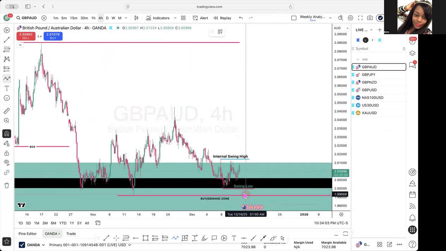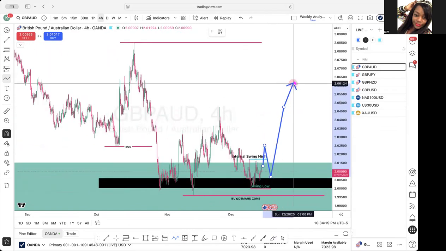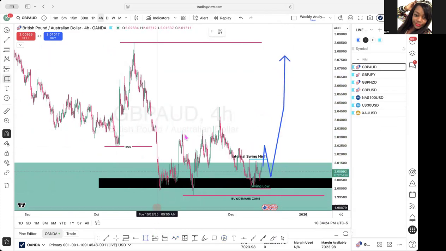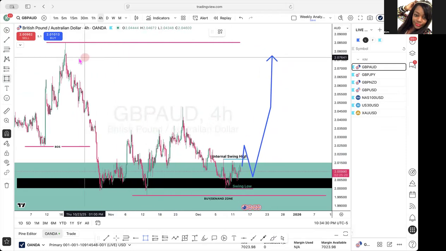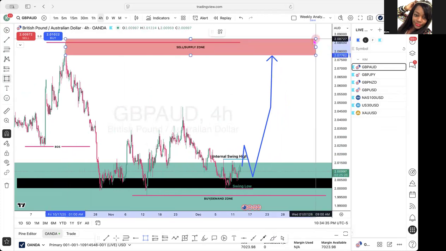So for me, I would wait for price to either break and close above this high, look for a demand zone to then buy it up to this high, or if you want to hold on to it, it might buy up to this supply zone. If it's going to pull back to a 78 or 88, it could pull back to this supply zone.